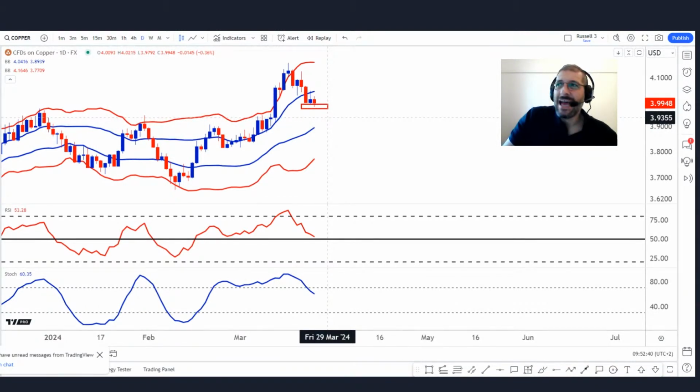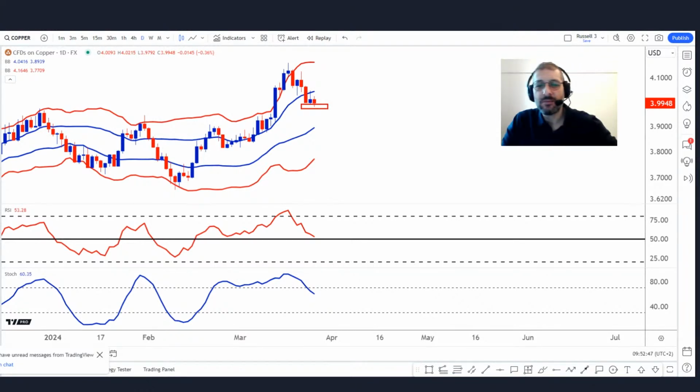Another one we haven't looked at in a while is crude. Let's take a look at WTI. So I'm just going to bring up US oil. Okay, let's just get rid of all the drawings. We haven't looked at this in a while.